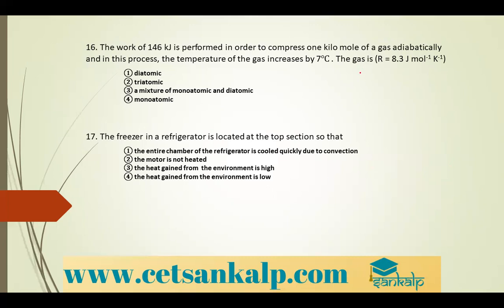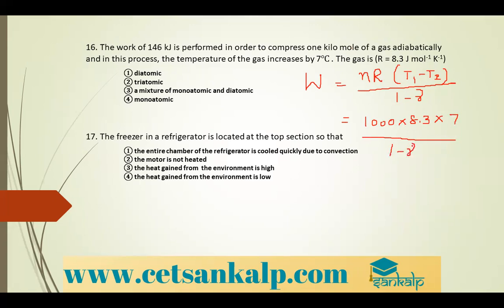We have the formula in an adiabatic process: W is equal to nR (T1 minus T2) divided by 1 minus gamma. Try it. 1 kilomole, so n is 1000, R is 8.3, into change in temperature, that is 7, divided by 1 minus gamma.